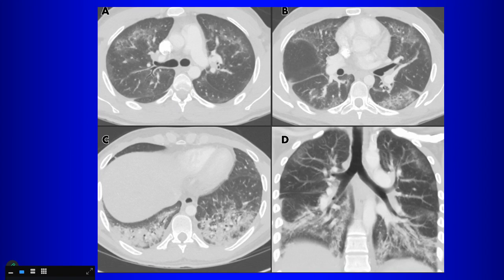So when we see a pattern of peripheral distribution of consolidations, what are things that we think about? Hypersensitivity? Well, no, not hypersensitivity pneumonitis. Eosinophilic pneumonia certainly is something you might think about, so you'd want to check the eosinophil levels on the patient. What else? Pulmonary edema?